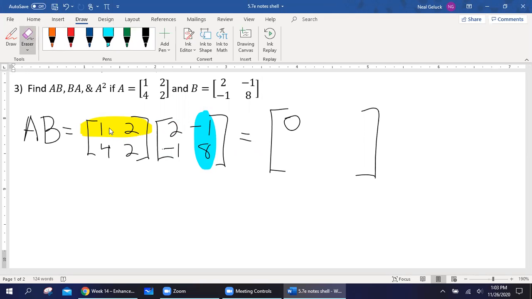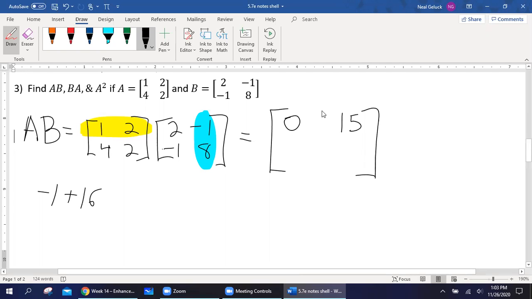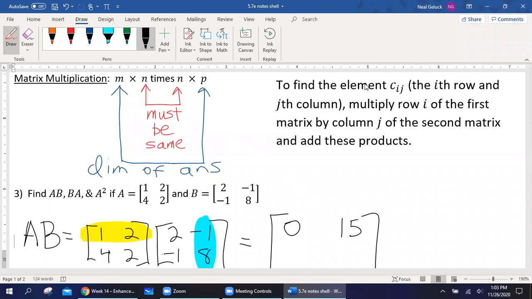So first number times first number. So 1 times -1, -1, plus second number times second number, 2 times 8, 16. Add those together, 15 goes here. To know where your answers go, this actually goes back to this.